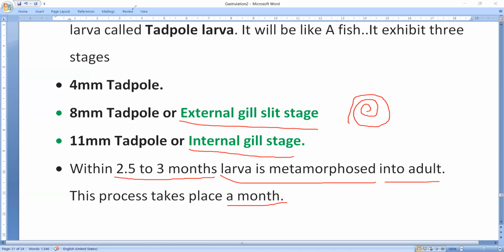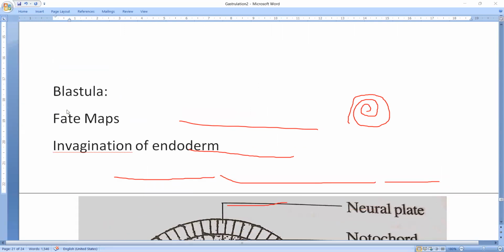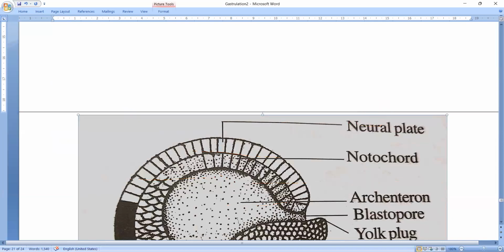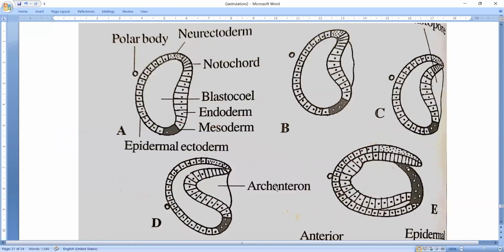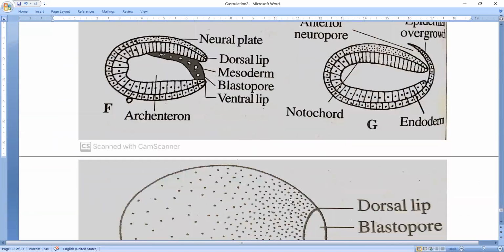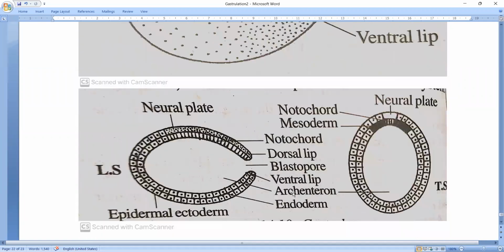Okay, so there should be a diagram. See, this is the blastopore. Gradually its size is decreasing. See the diagrams.